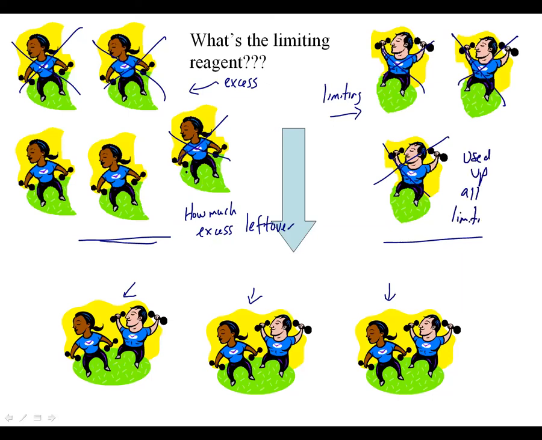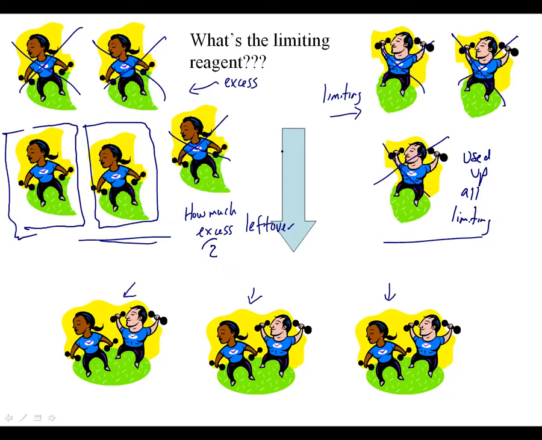We can see that what we have left over in terms of the excess is 1 in this case and 2 in this case. So we do have leftover excess reagent. And that also is another thing you're commonly asked to do, which is to figure out how much of that excess reagent is left over.